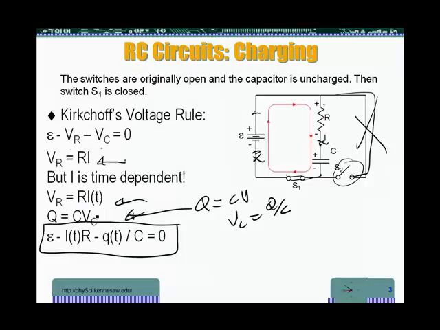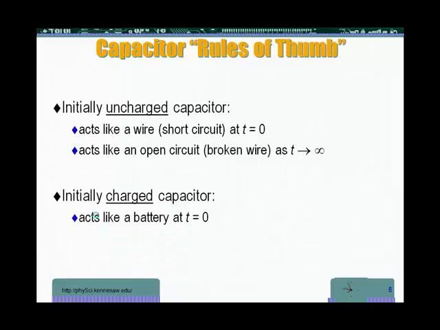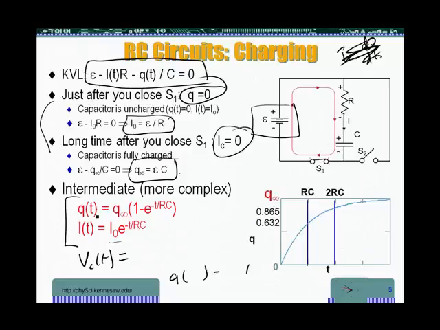So V is equal to Q over C. So V is Q of t over C. So it is actually Q infinity over C times 1 minus exponential minus t over RC. So we don't need to write a separate equation for the voltage across the capacitor because it's related to the charge. Okay, now we are fine with that.